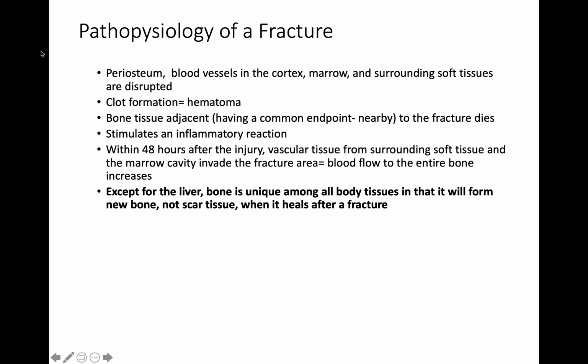So bleeding occurs from the damaged ends of the bone with a fracture and neighboring soft tissue. So then we have that clot formation or a hematoma, which is the collection of blood in soft tissue or enclosed space. The hematoma forms within the medullary canal between the fractured ends of the bone and beneath the periosteum.